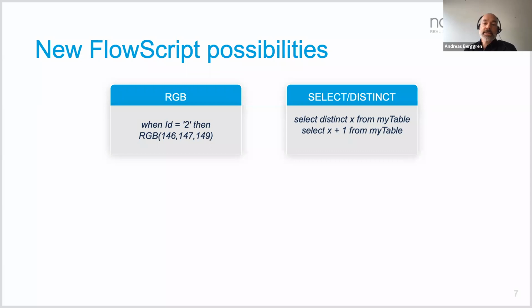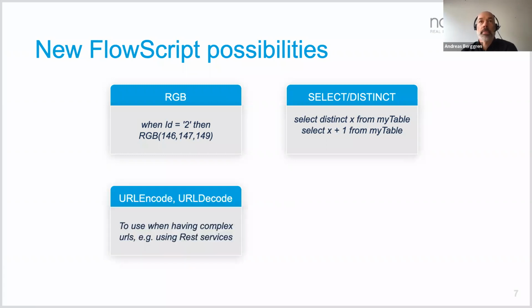Next, we have select with or without distinct for table queries. And it uses the same syntax as SQL. Then we have URL encode and URL decode. And this can be useful for URL encoding and decoding values sent to or received from REST services.